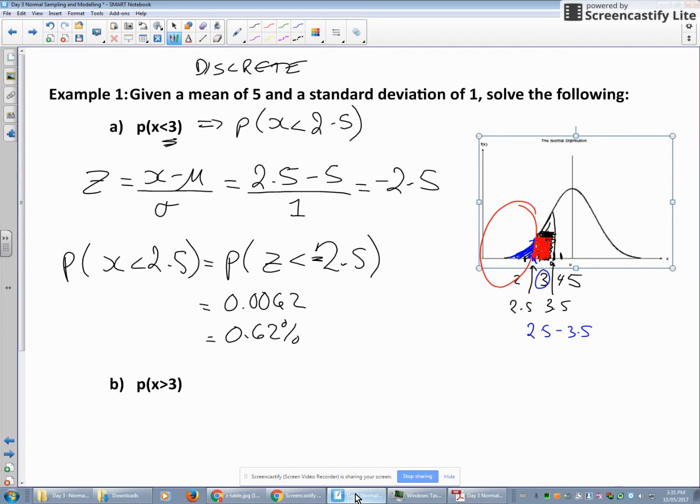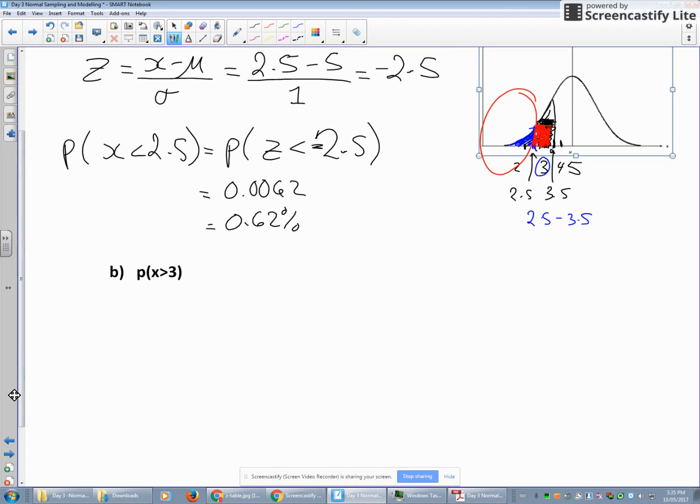0.62%. What about the probability that my x is greater than 3? So if x is greater than 3, this is again my 5, this is my 3 value. We think about that 3 value as extending from 2.5 to 3.5. So I'm interested in the value above that.